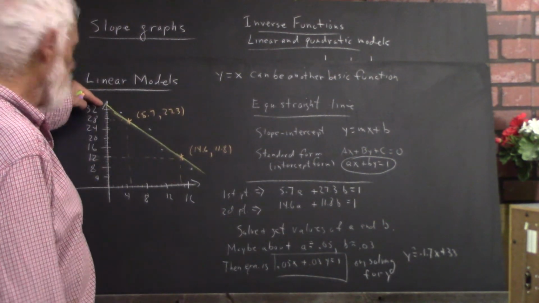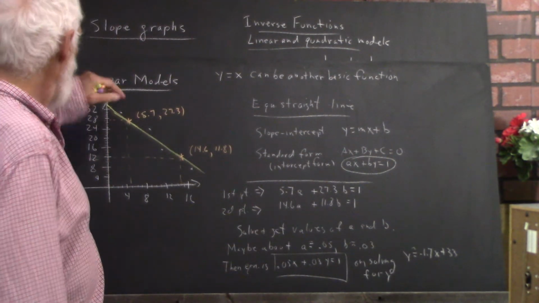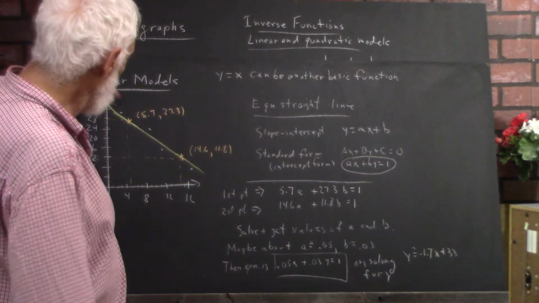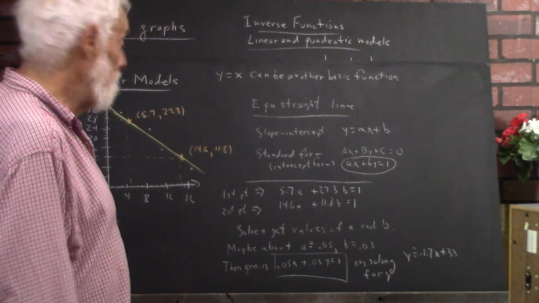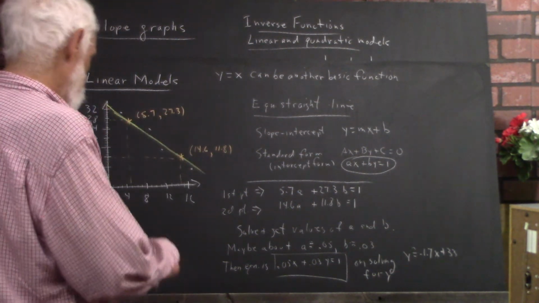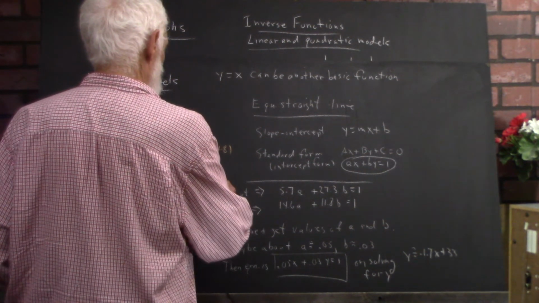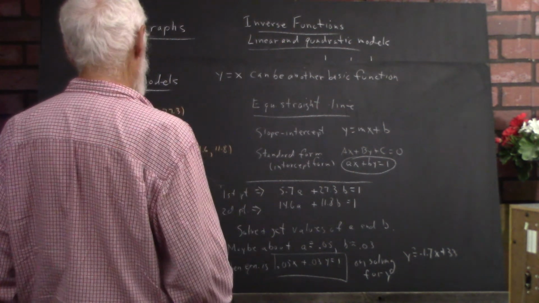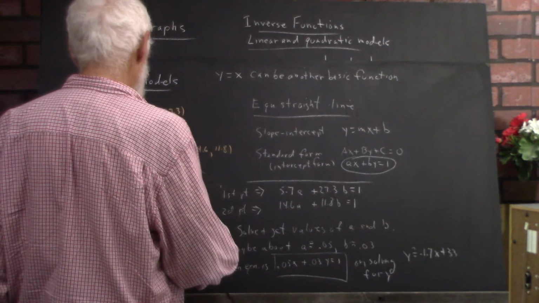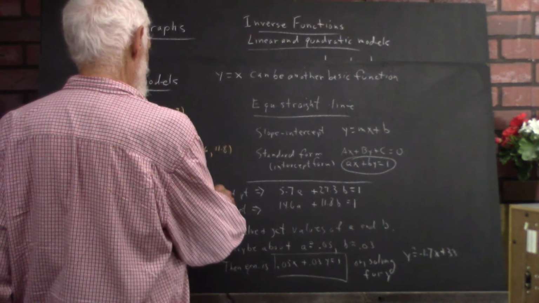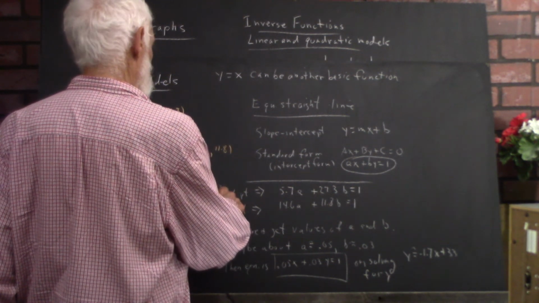Well, the y-intercept looks a little higher than 33. A slope of negative 1.7 may be about right. It looks like if you extend this graph out to where it intersects the x-axis, you get something like maybe about 22 here.